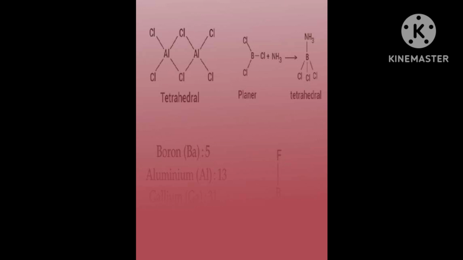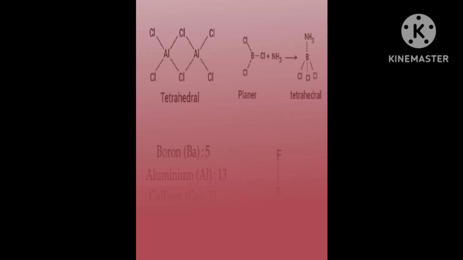But aluminum dissolves in mineral acids and aqueous alkalis and thus shows amphoteric character. Aluminum dissolves in mineral acids and also in bases.